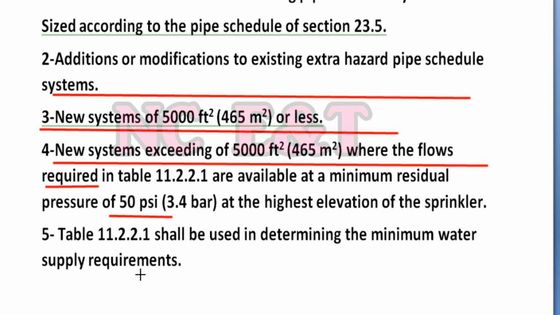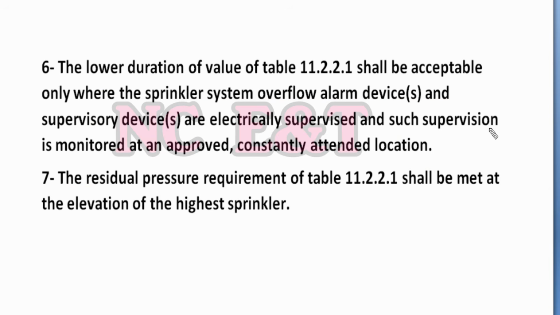Number 5, for the application having area less than 5000 square feet, this table shall be used in determining the minimum water supply requirement. There is one more important point regarding the use of pipe schedule method.